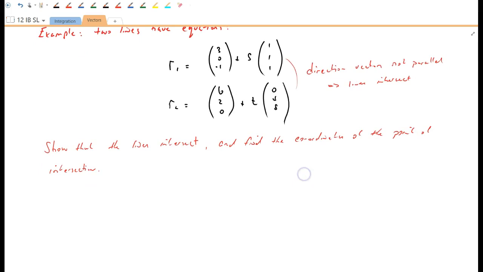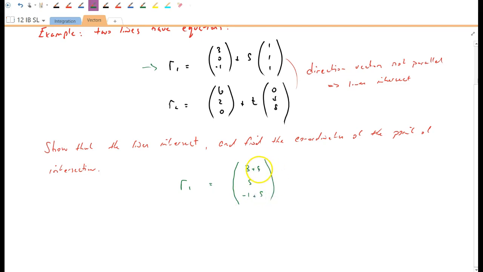This is how we're going to do it. We're going to write this R1 line as a general point. So I'll show you what I mean: (3 plus s, 0 plus s, or just s, and -1 plus s). Okay, that is the point.